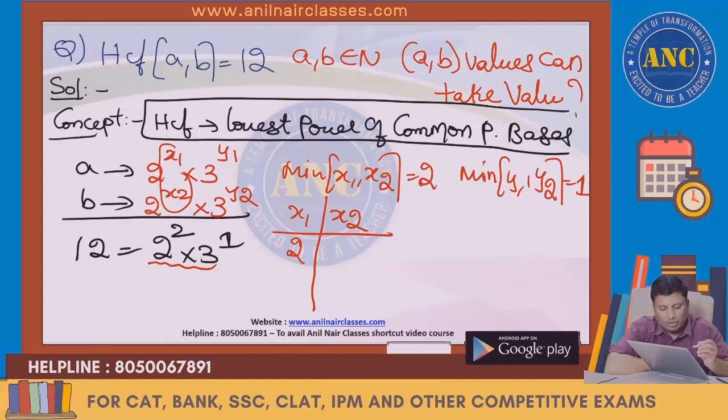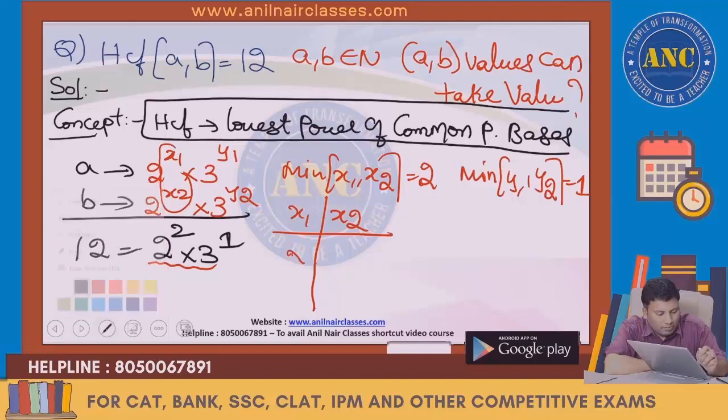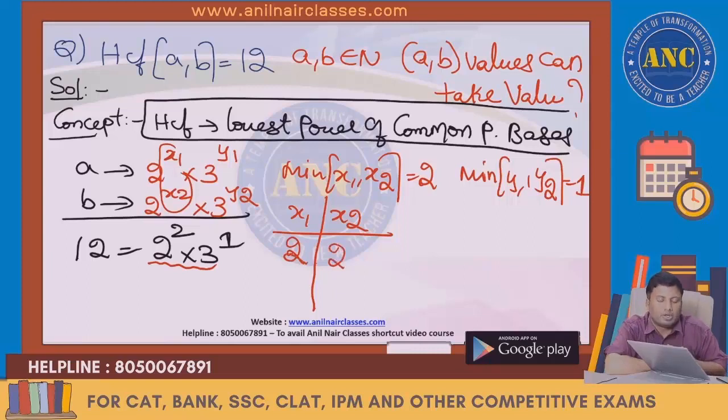Now what I should do is, x1 should be 2. If x1 is 2, x2 can be 2, x2 can be 3, x2 can be 4, and so on.